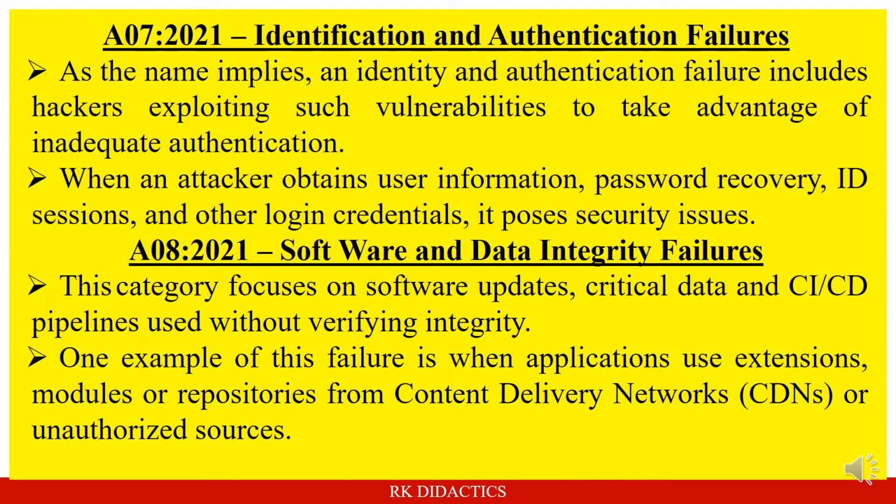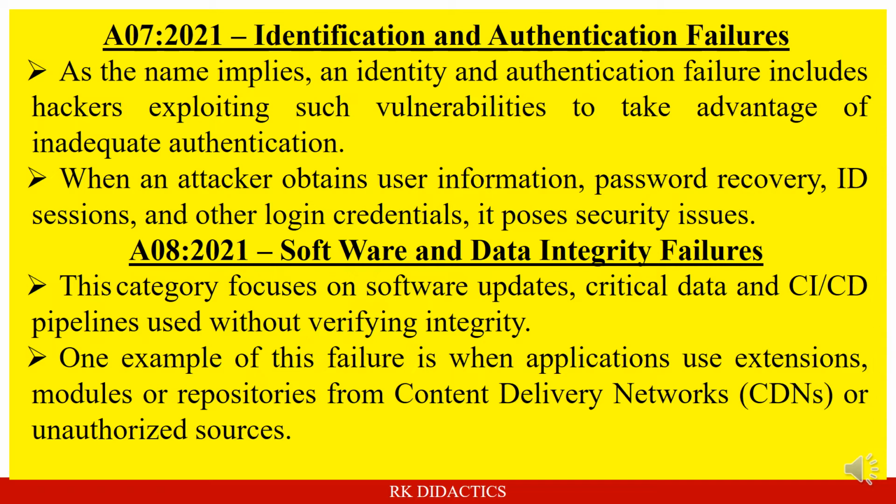Next risk is identification and authentication failure. So identification and authentication failures occur when functions related to user's identity, authentication or session management are not implemented correctly or not adequately protected by an application. So in this case, there is no proper control on the user's identity, authentication or session management.